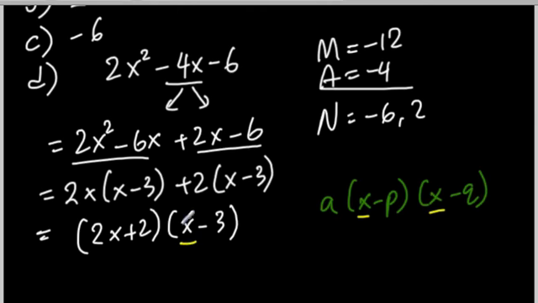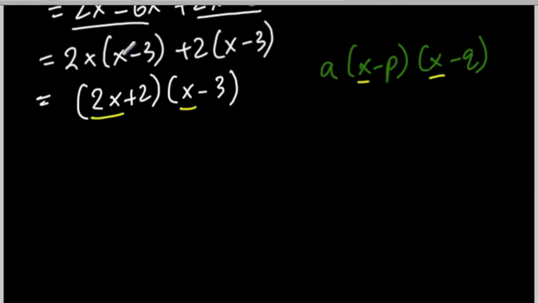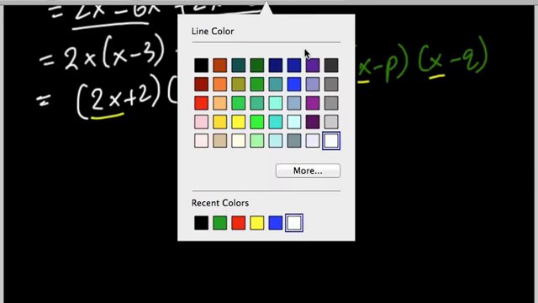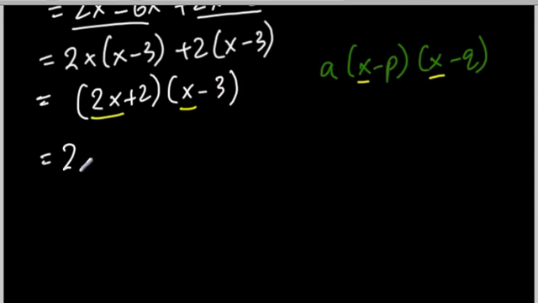So this is fine because it has a coefficient of 1, but this doesn't because it has a coefficient of 2. So we have to factor out that 2. So what happens is this is 2x plus 1 and x minus 3. We factored out the 2, and so we get 2 times x plus 1. So this is our factored form.